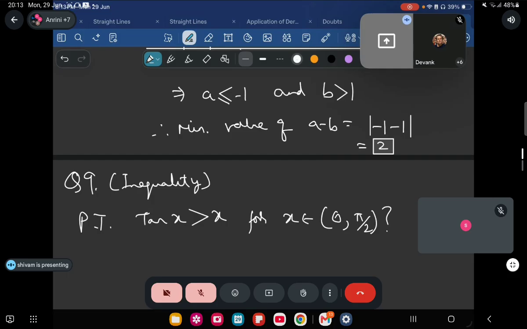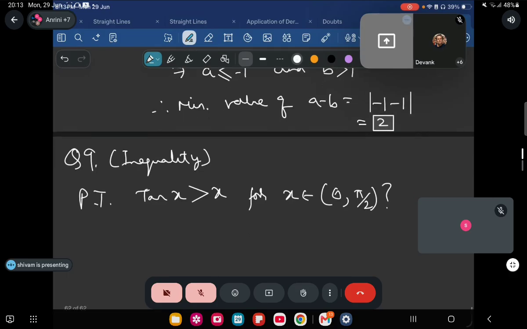Okay, let us start. How we can prove tan x is greater than x using calculus? What you do is, you take f of x equal to tan x minus x.